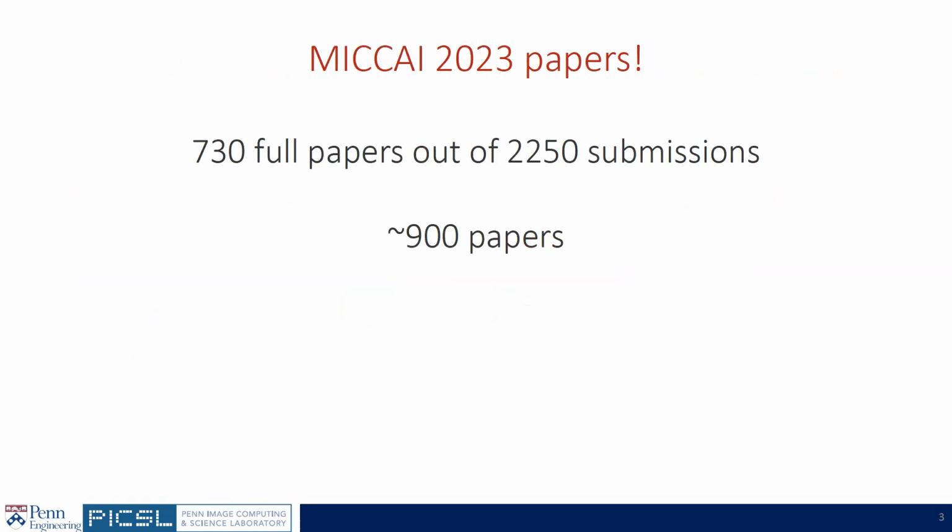So just to tell you, it's very daunting, to be honest, to go through the deep learning literature these days. So just to give you an idea, this year alone, the main conference for biomedical image analysis, MICCAI, is going on, and there were like 2,300 submissions. Out of that, 730 papers got accepted, and there are a total of 900 papers in that conference.